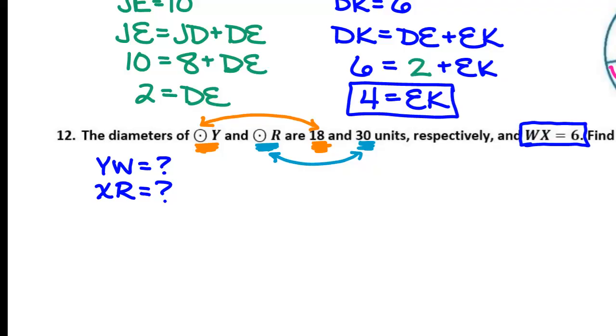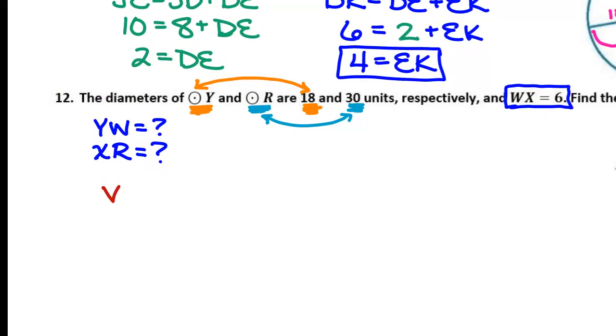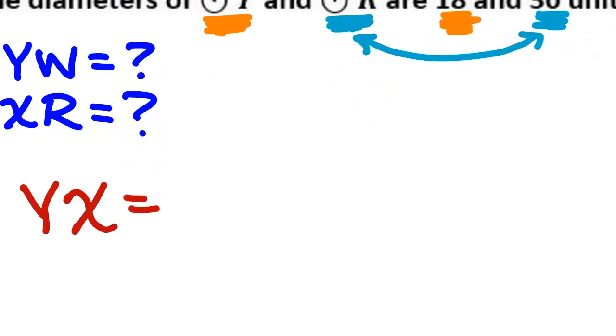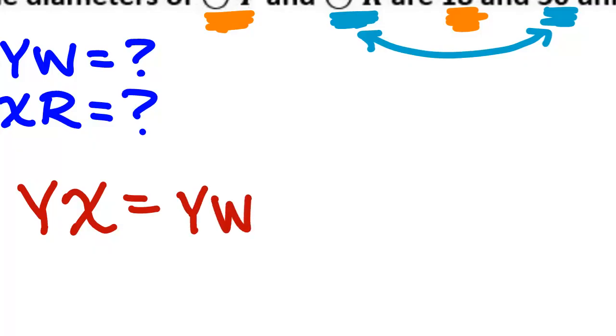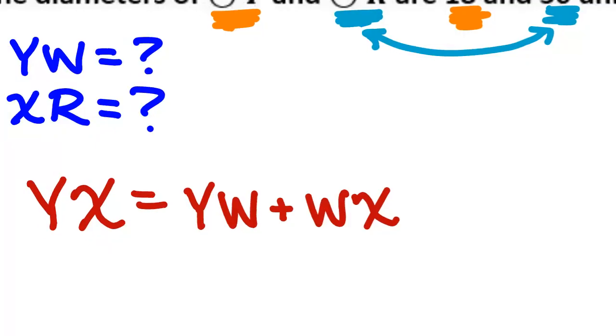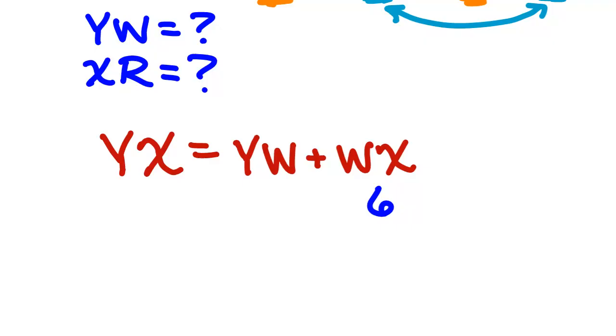Well, I know from looking at the picture that YX is made up of what two smaller segments put together? YW and WX. So YX equals YW plus WX. Do we know the sizes of any of those? Which ones do we know? WX is how big? 6, so I can put 6 in here.